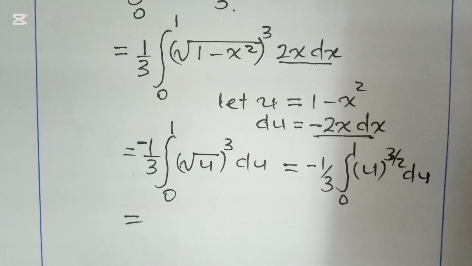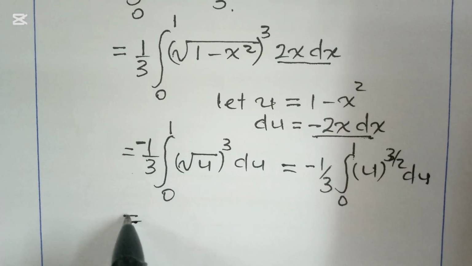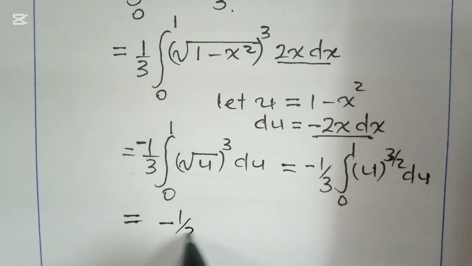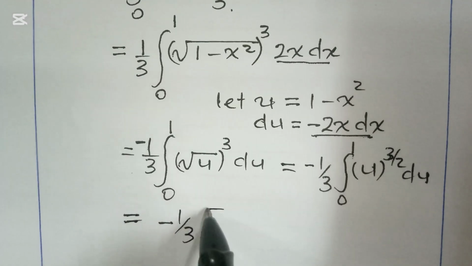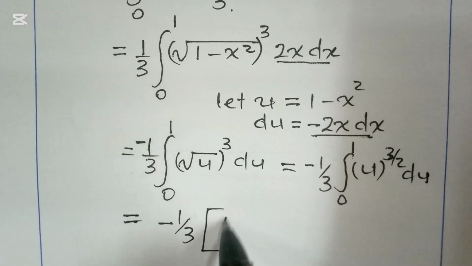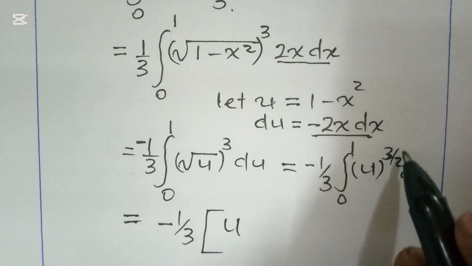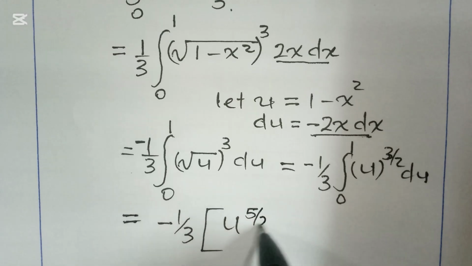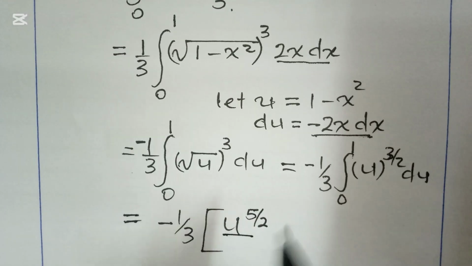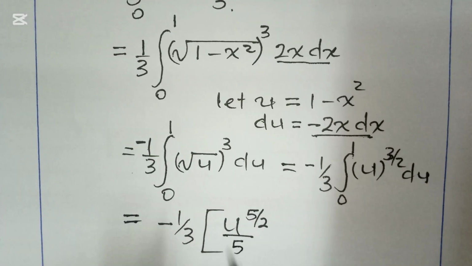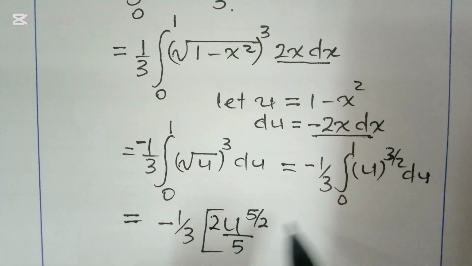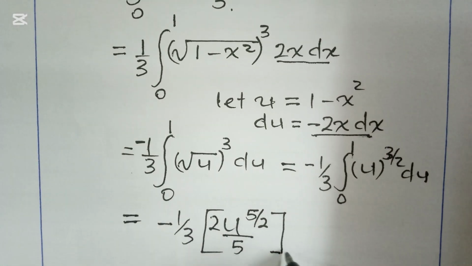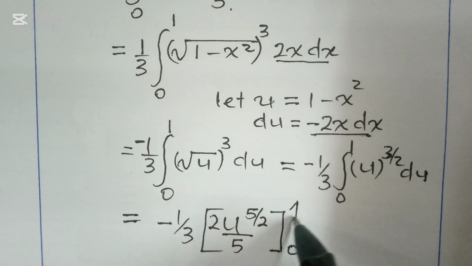Now we integrate that. This will be negative a third, we integrate, we get u raised to 3 over 2 plus 1, that is 5 over 2, all over 5 over 2. The 2 will come here, and that is our integral from 0 to 1.